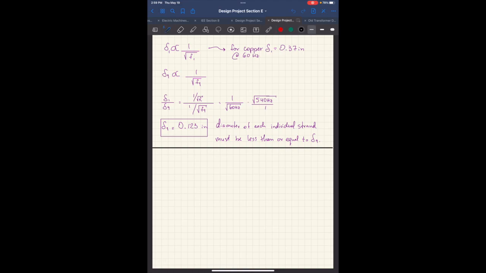Step 3: from the AWG table, pick a cable size that's equal to or slightly larger than what you calculated.